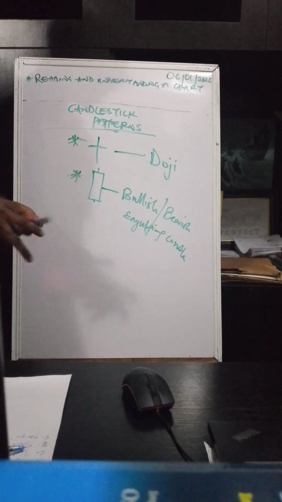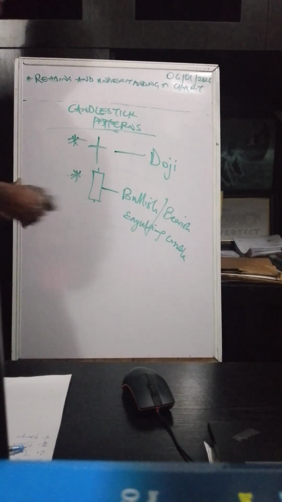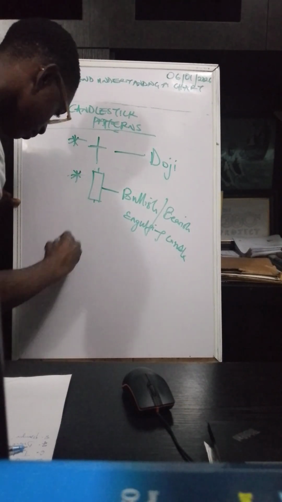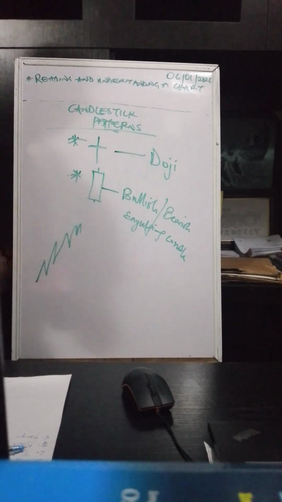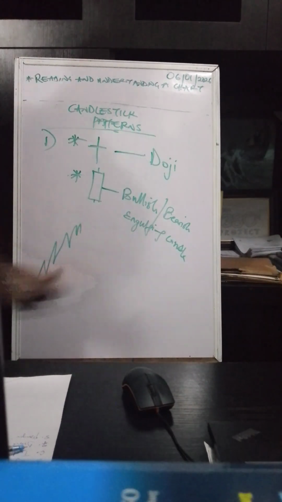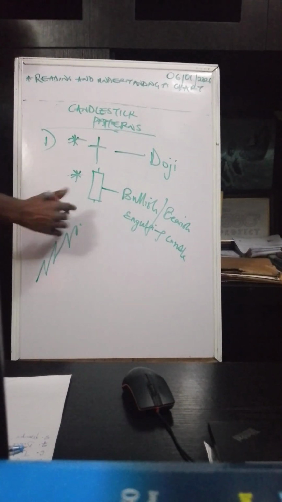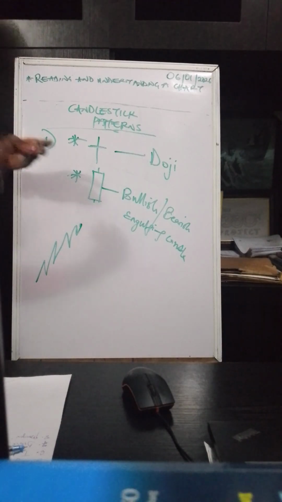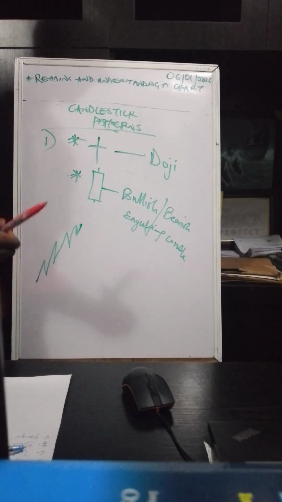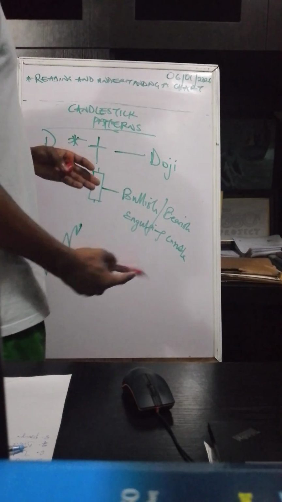So when you're on your chart and now that you understand how to read candles, you see that the market is moving in an uptrend, and I'm seeing a candle like this. Let me start explaining number one, the doji first. The doji is a kind of candlestick that shows that there has not been any change in price.